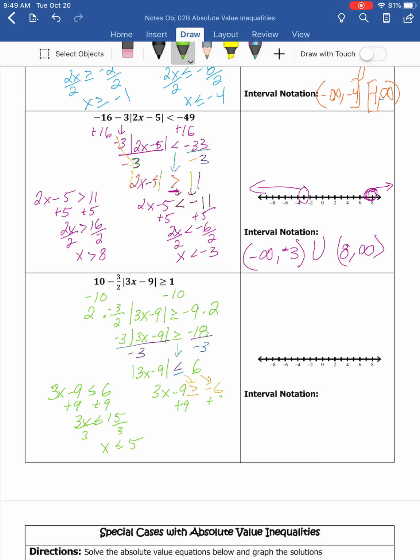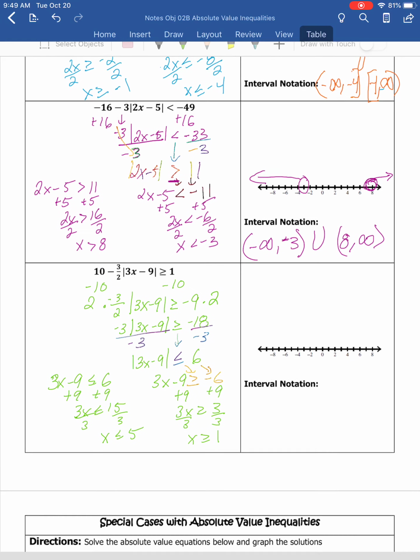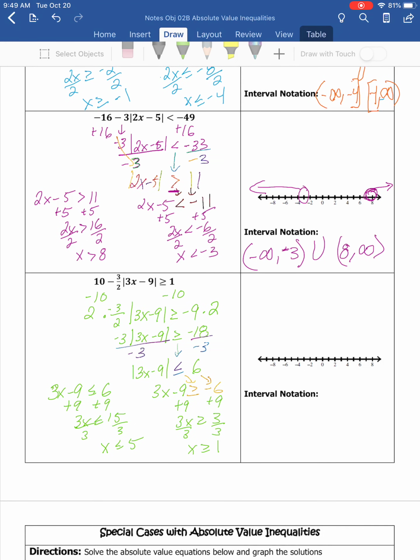Add 9, 3x is greater than or equal to 3, divide by 3, x is greater than or equal to 1. And I go through and graph. So we have x is less than or equal to 5, so I put a circle around 5.